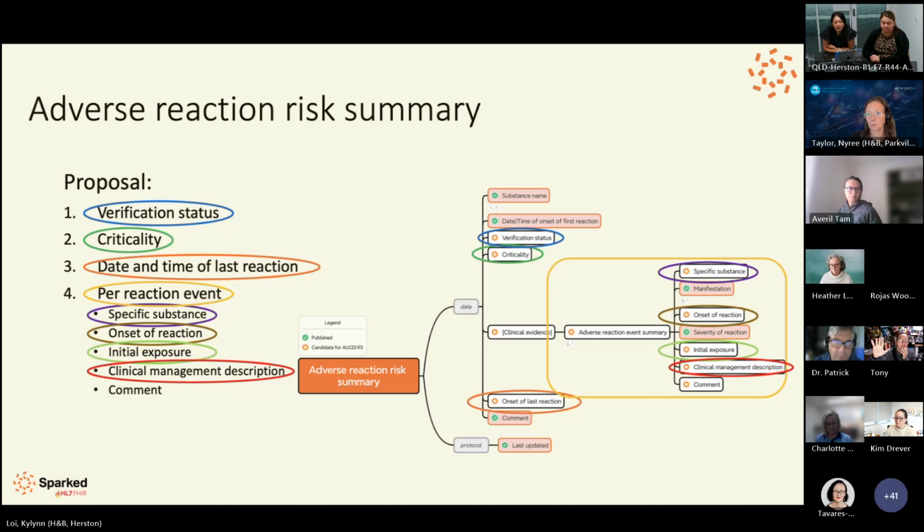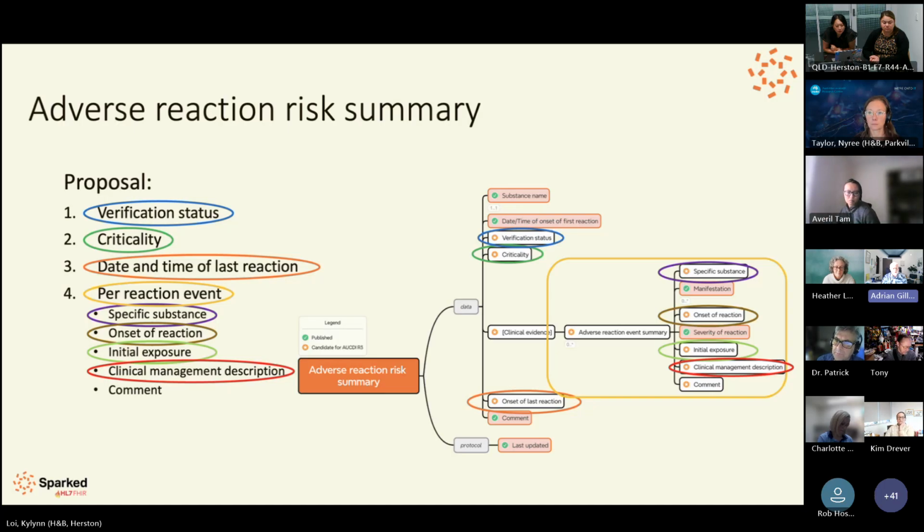Adrian, you've got your hand up. Yeah, so we sometimes have patients who present with an allergic reaction. It's not entirely clear as to what the substance name that caused that particular reaction is. So they may have been exposed to a number of different substances and we're not exactly sure which one is causing the reaction. But they've definitely had an anaphylactic reaction and we need to be able to provide them with adrenaline in the event that they come into contact with one of those particular substances.